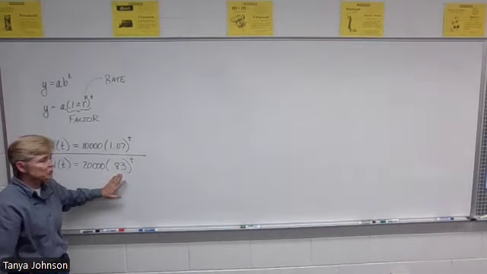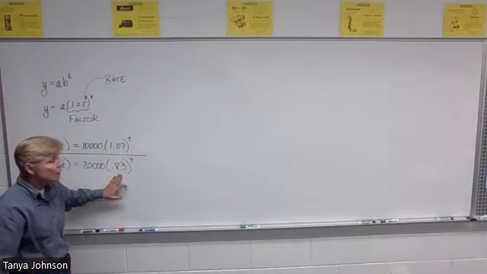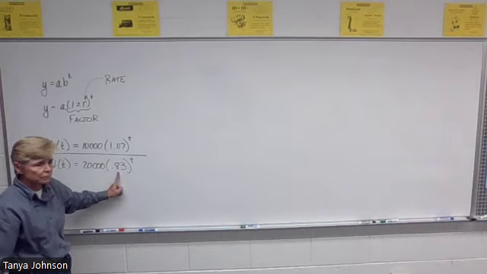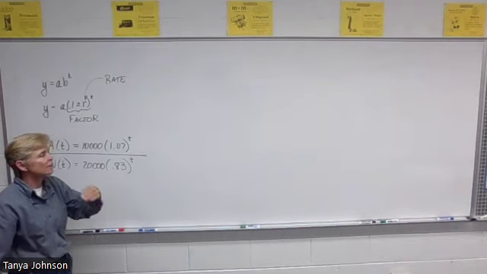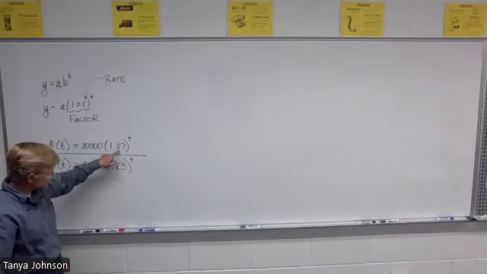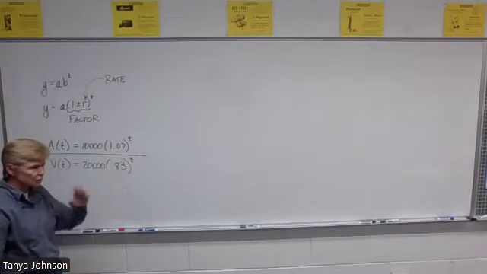The decay factor is what? Careful. What's the decay factor? The factor is 0.83. But what's the decay rate? Minus 17%. And you can't see it glaring at you, but you got to do a little subtraction.